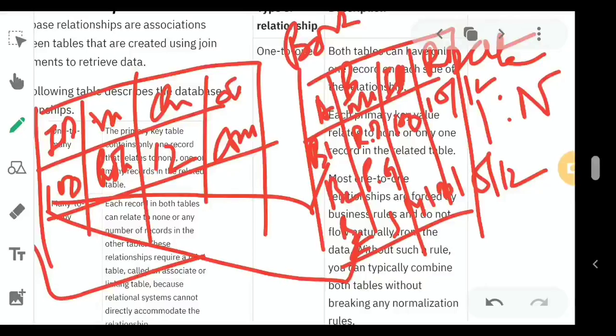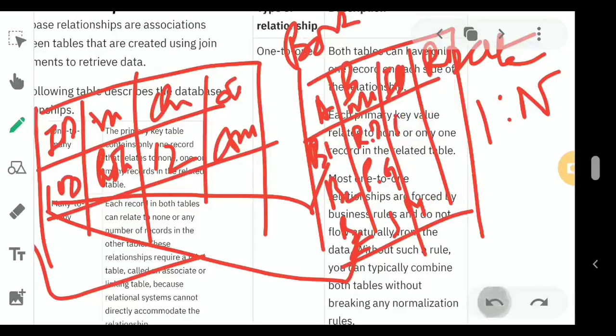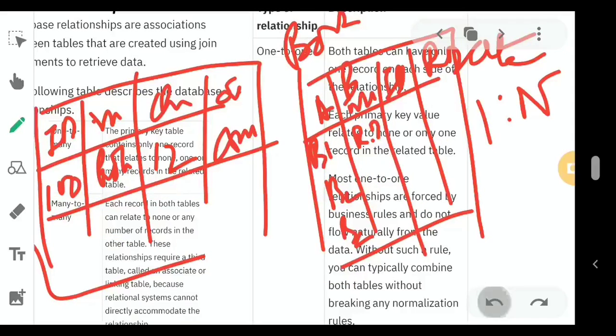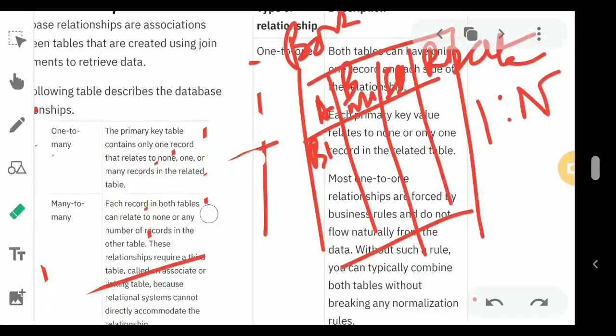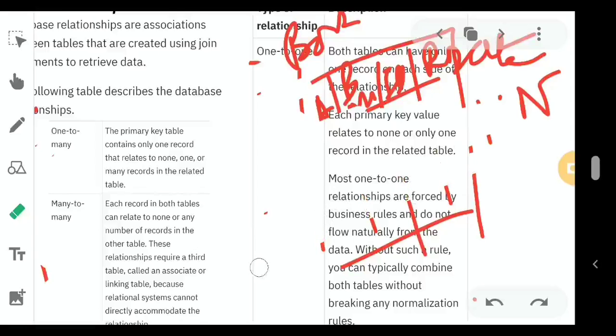Now we are coming to the concept of the many-to-many relationship. Many-to-many relationship is known as the n-to-m relationship.